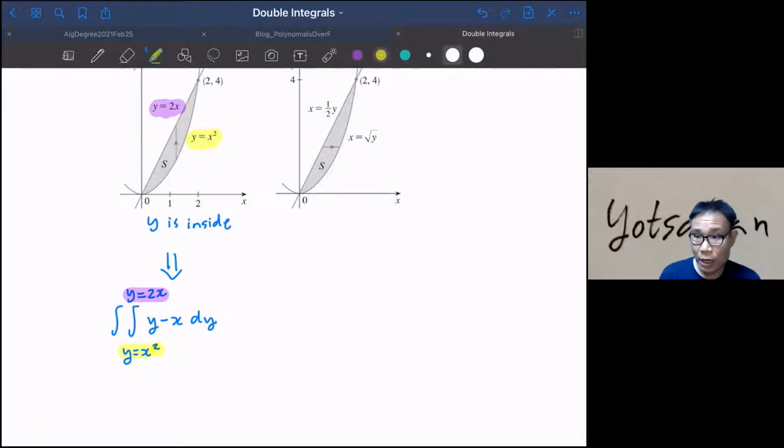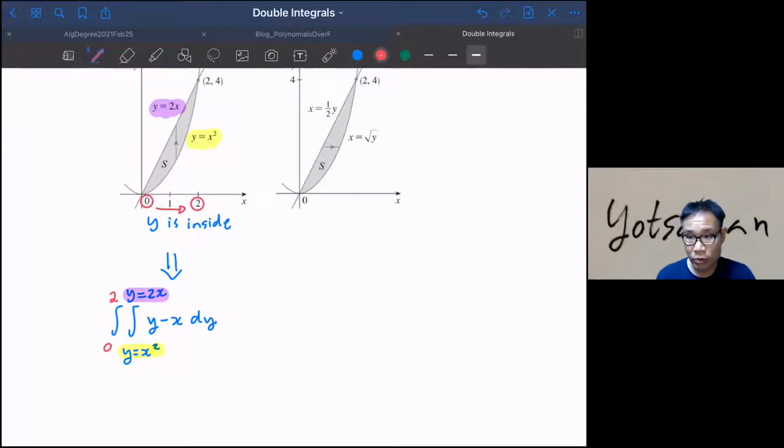And for the outside, you're going to take a look at x, which covers from 0 to 2. So it's going to be 0 to 2 for the outside. So you see that it's going to be from less than to more than.